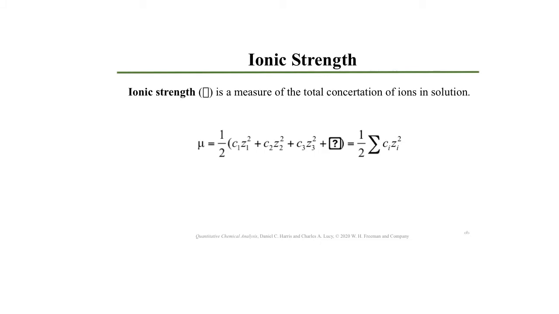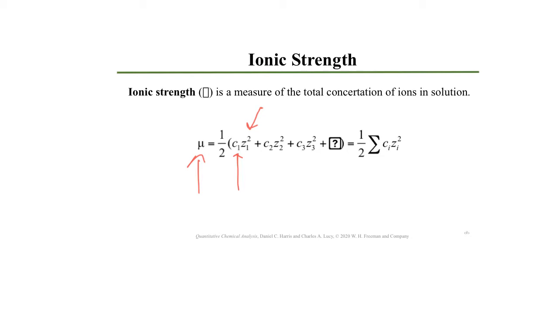So here's the equation, okay? This symbol indicates ionic strength. Ionic strength says that you take the concentration, and it's unfortunate that they show it as a C, but the concentration of each individual ion times its charge squared.